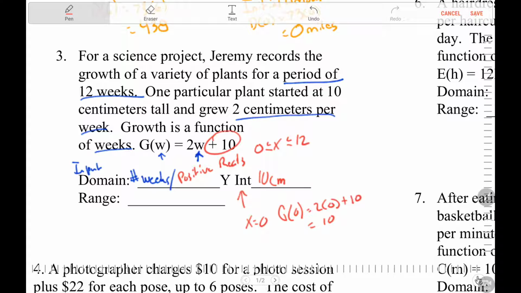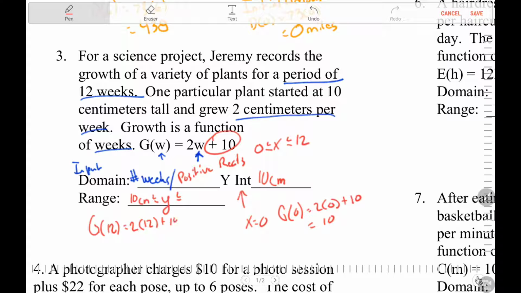Okay. Now, we know the range, the lowest will be 10 centimeters. But what's the most it could grow? Well, the domain was 0. When we plugged in 0, we got 10 back. The most weeks it's going to grow by is 12, so throw 12 in, and that's your max that you're going to have.